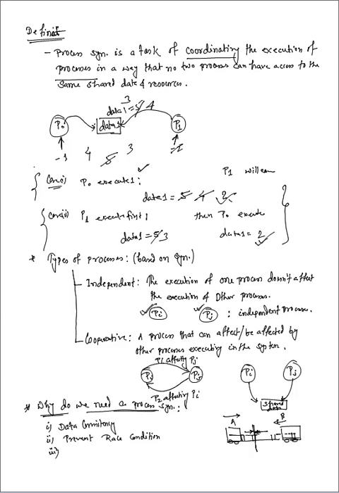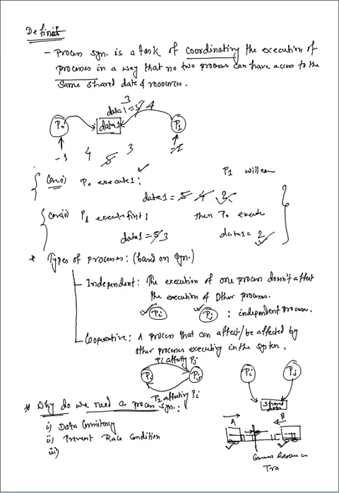Train A will wait for train B to leave the track, and train B will wait for train A to leave the track, so both are waiting for the common resource. What is the common resource here?